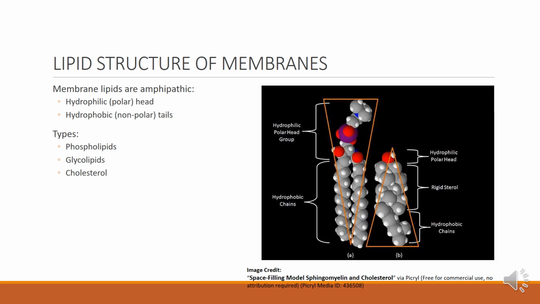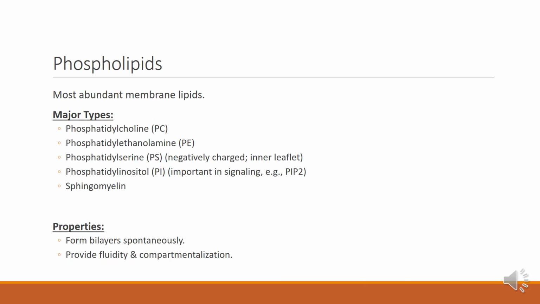Now, phospholipids. Phospholipids are the predominant lipid types in the membrane. Important variants include phosphatidylcholine and phosphatidylethanolamine. These two play a structural role. Next comes phosphatidylserine. It is negatively charged, hence localized to the inner leaflet.